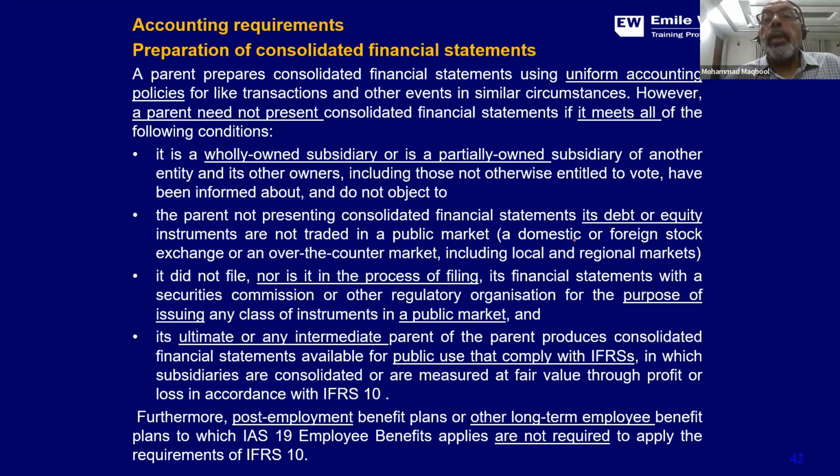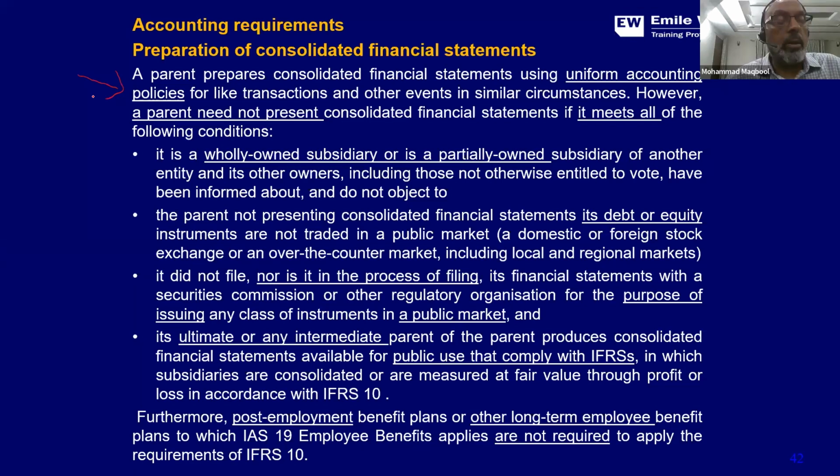Then whenever you consolidate, you make sure there is a uniform accounting policy in the accounts. The parent policy should be reflected in the subsidiary accounts. Let's say the parent has the FIFO method of inventory measurement, whereas the subsidiary has the weighted average method.